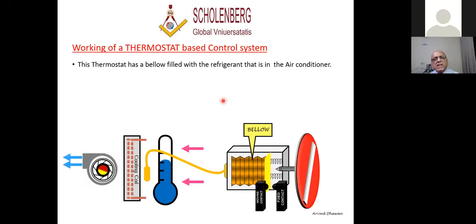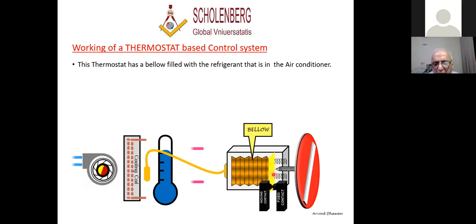A thermostat has a bellow filled with the refrigerant in the air conditioner. So if your air conditioning system is running on R22, the bellow in the thermostat will be filled with R22 only. If it's R134A, then this bellow will have R134A. If it's 410A, then it will have 410A, whatever the gas may be.